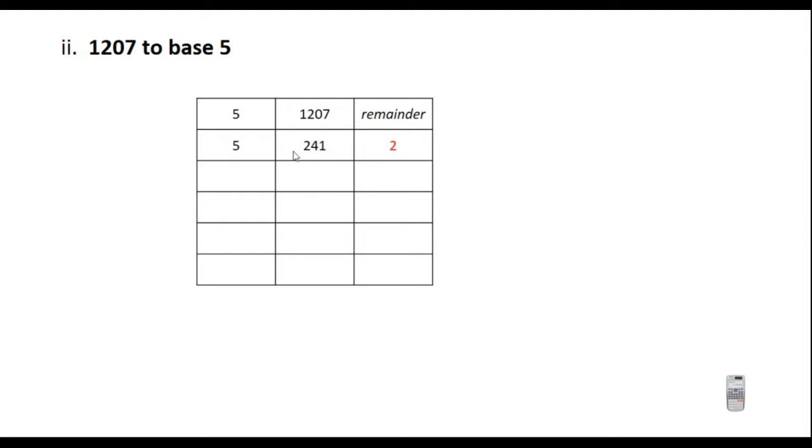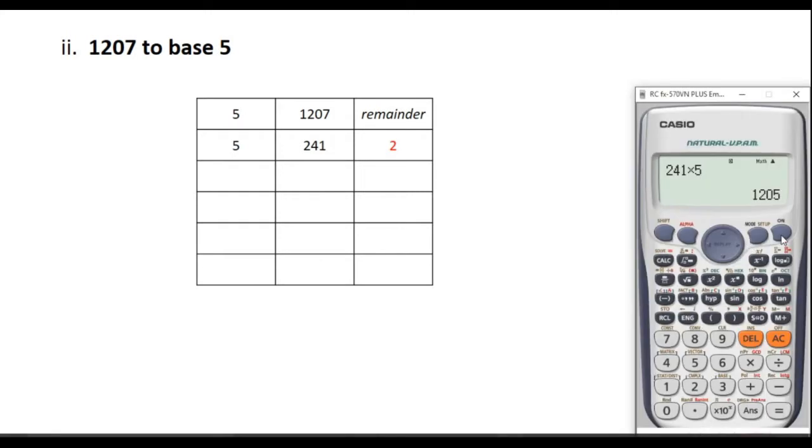Then you move on to the next row. You divide 241 by 5, and we are getting 48.2, which means that there's also a remainder, since we have a decimal point.